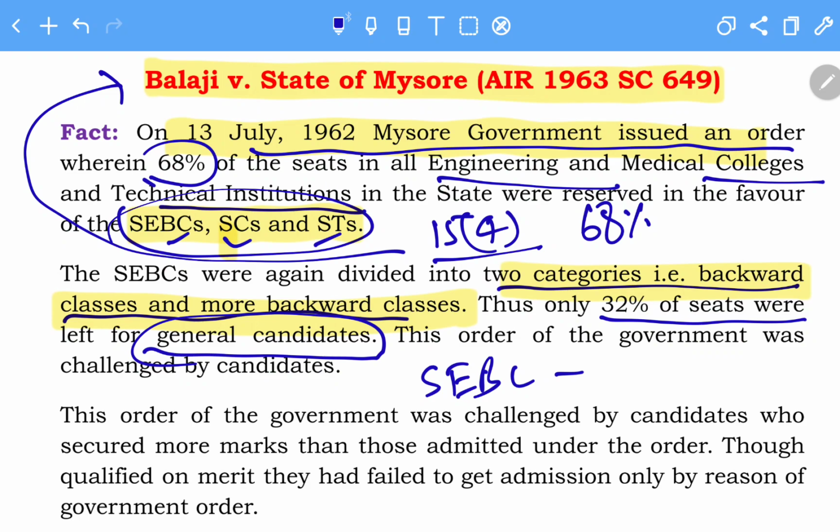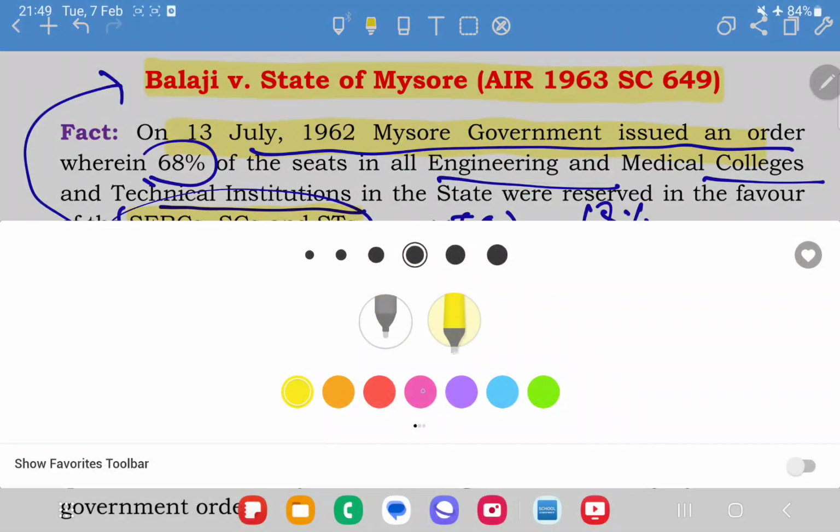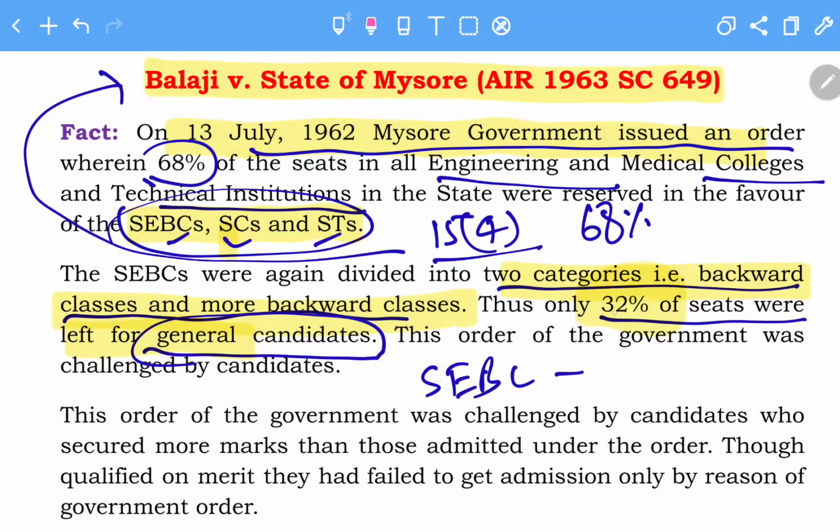So the effect of this reservation made by the Mysore government was that citizens of the general category had only 32% of the seats, or you can say open seats, not reservation.